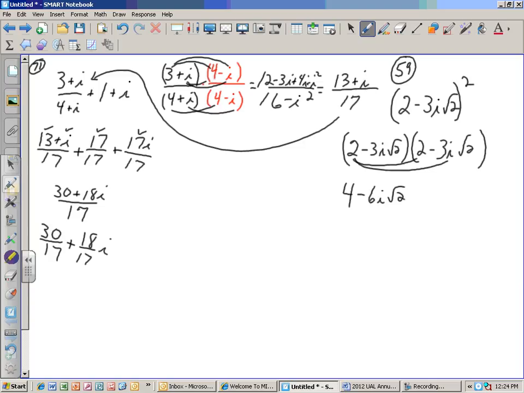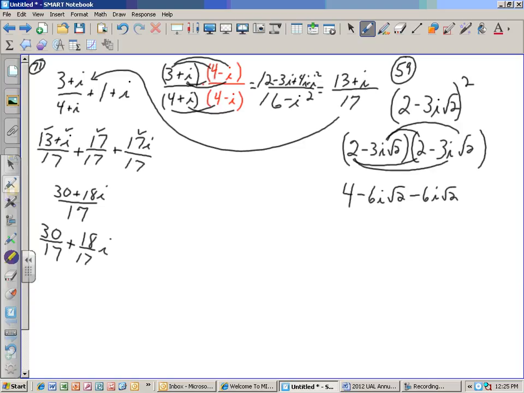Do you follow that? Then I'll multiply these two terms together, and I'll have another negative 6i square root of 2. And then the last two terms.